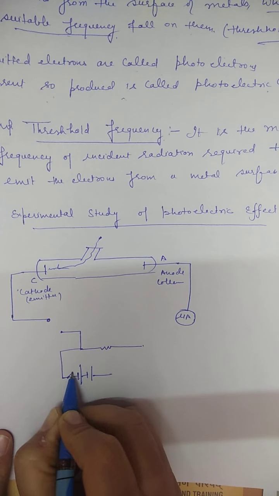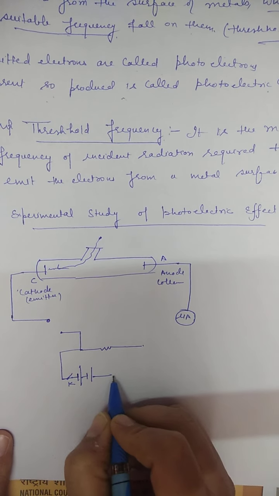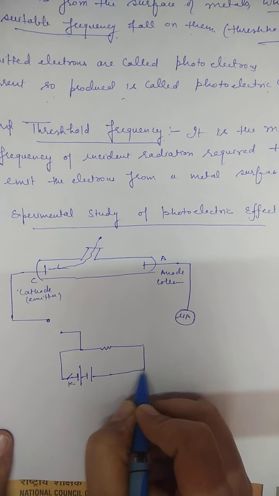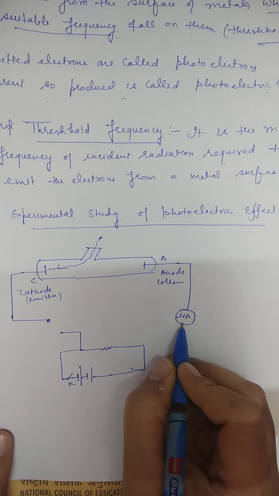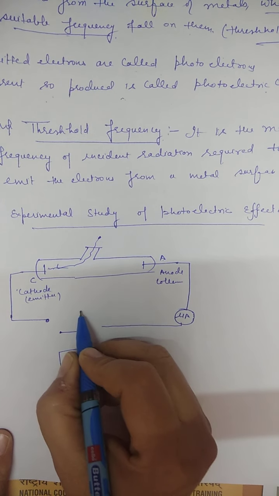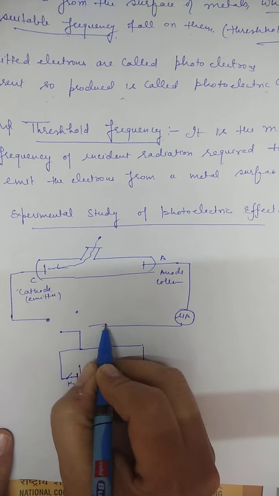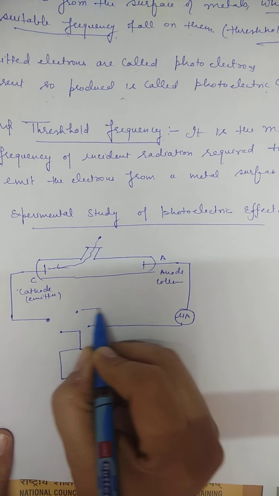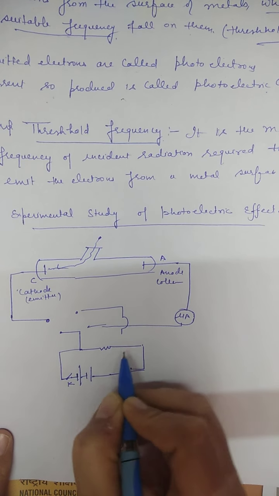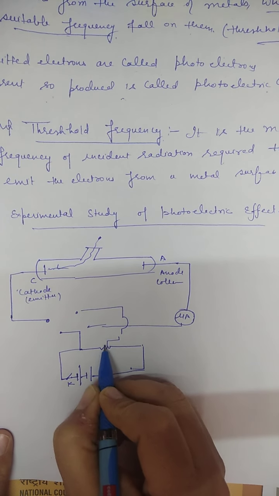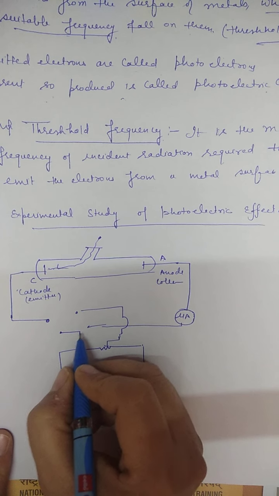You can connect a key also here. This is a key, and here it is connected to it. Now, then it is connected to this terminal, and just above this a wire is passing through this, right?